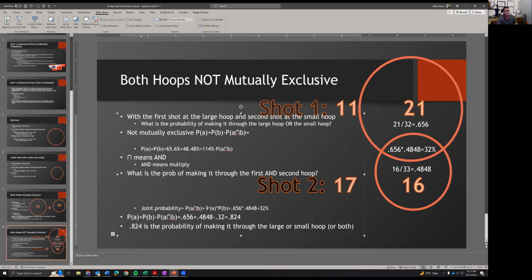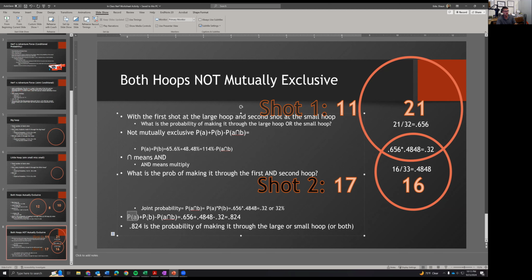In order to do this, probability of A multiplied by the probability of B. So it's 0.656 multiplied by 0.484, which gives you 0.32 or 32%. So roughly 32% of individuals make it through both.